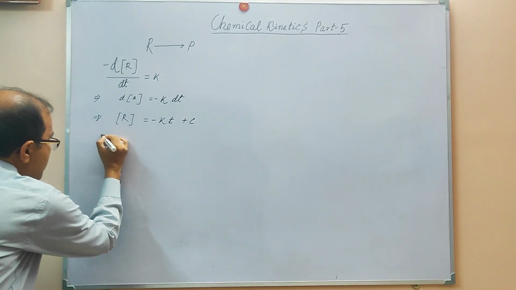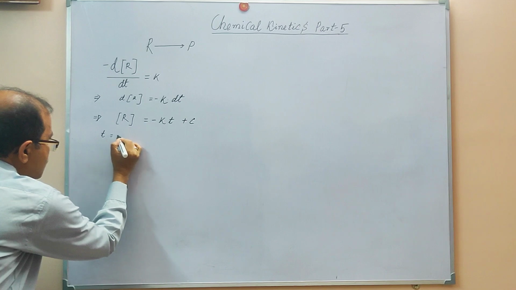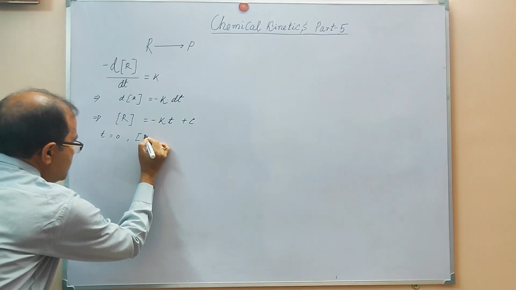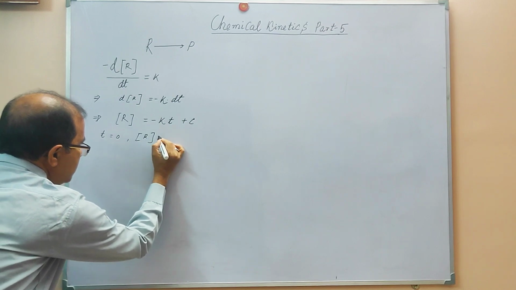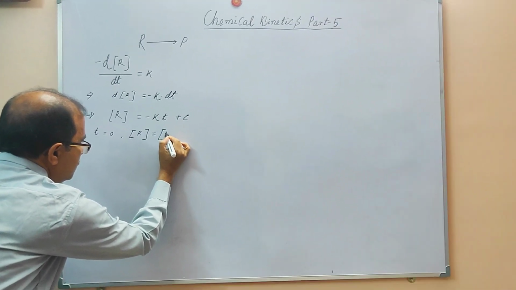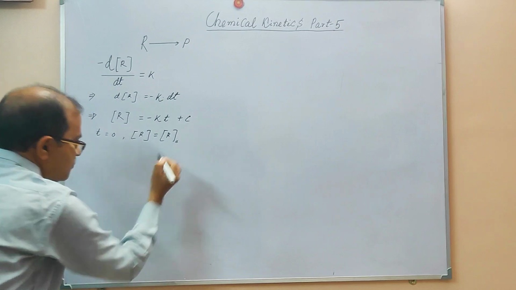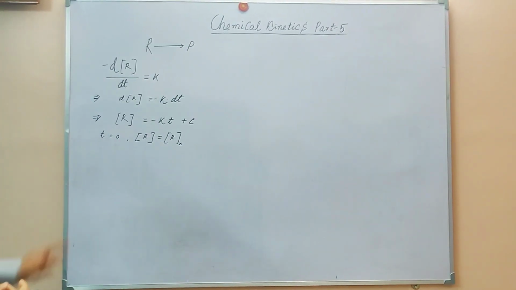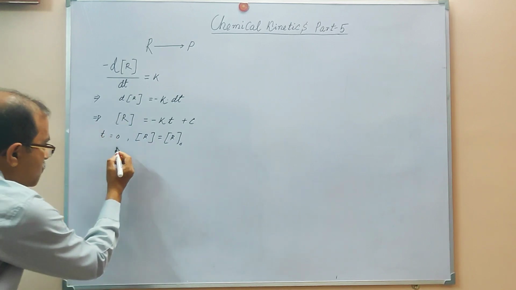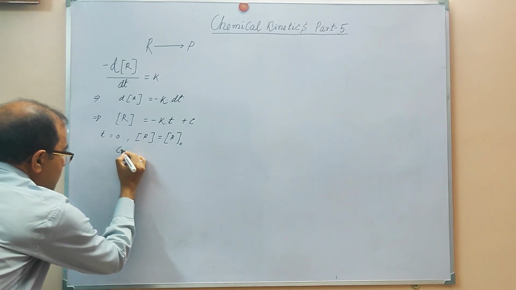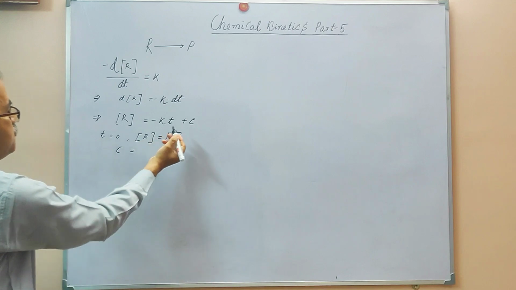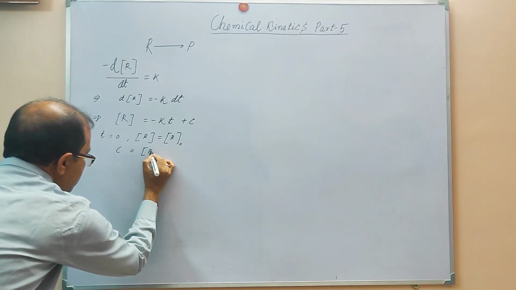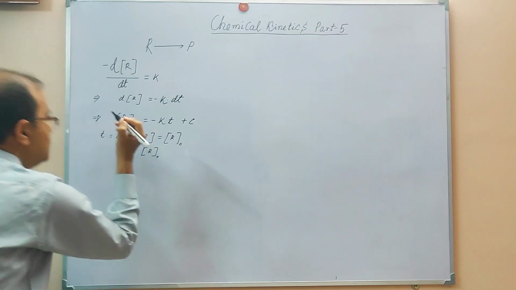This integration constant you can easily calculate by taking, see, when t is equal to 0, the concentration of the reactant will be R0, the initial concentration from which we start the reaction. If we put this value here, we get the value of C. C will be R0.